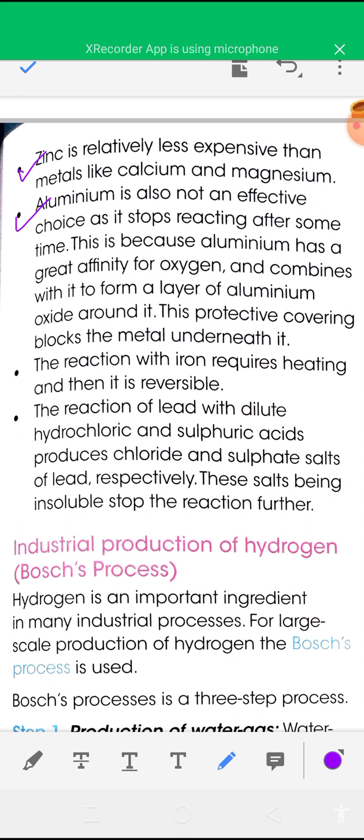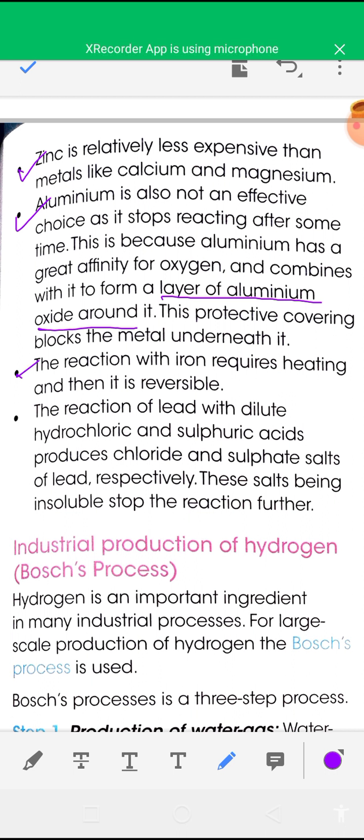This is because aluminium has a great affinity for oxygen, and it combines with oxygen to form a layer of aluminium oxide on the aluminium. This protective covering blocks the metal underneath it, so the aluminium will not react further with dilute acid.